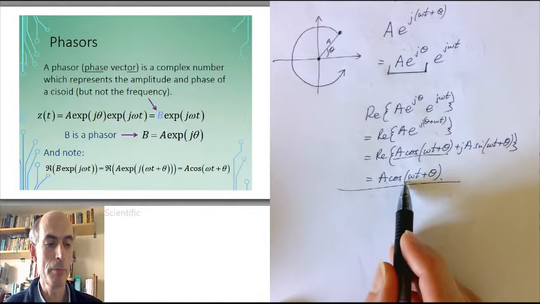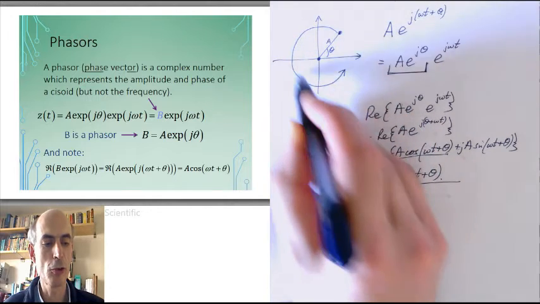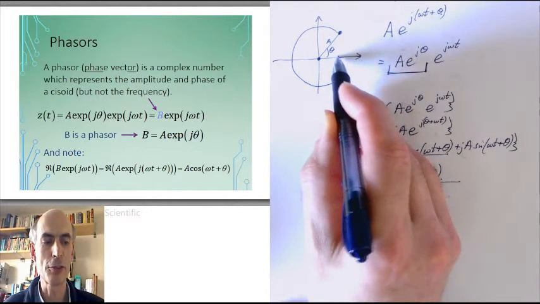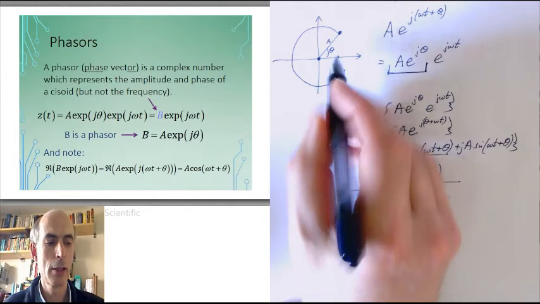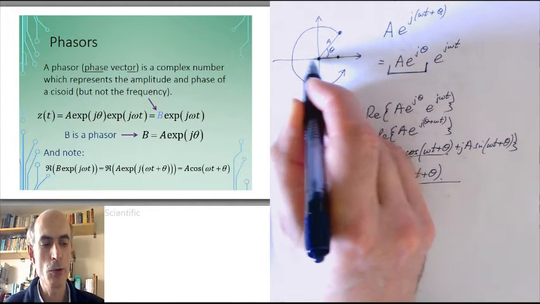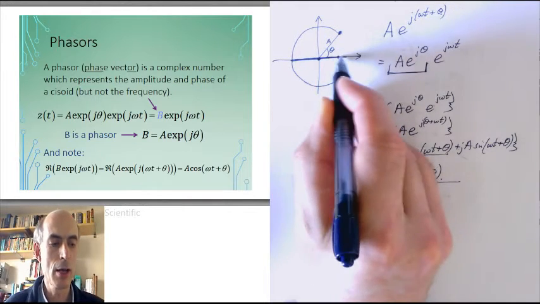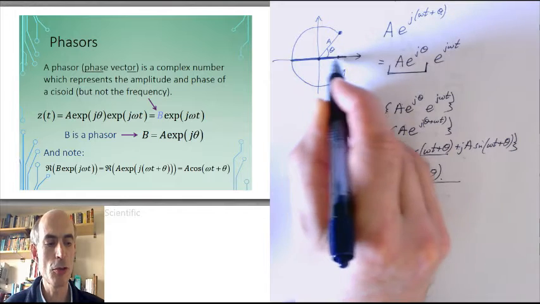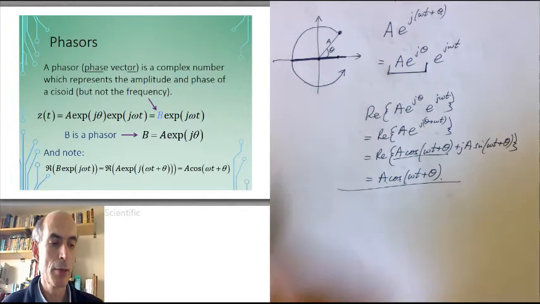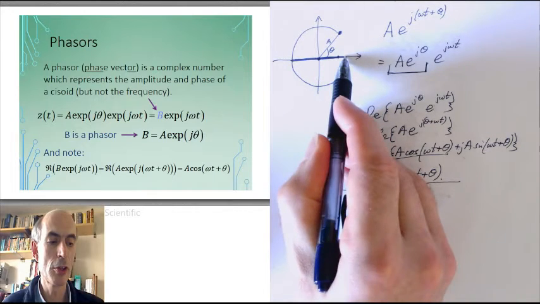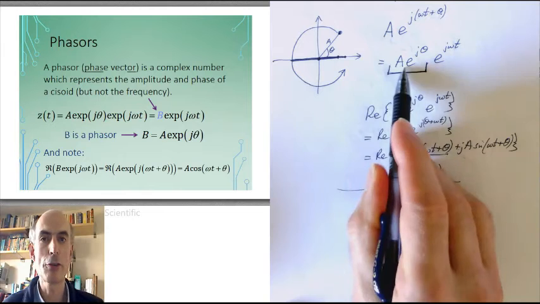And this waveform is the projection of this cisoidal oscillation on the real axis. If you just consider the real part of this oscillation, it'll start here, go down to there, back up to here, down to there, back up to here, and so on. Just the real part, which is the part we can observe in the lab. That is the oscillation that is represented by this, treating this as a phasor.